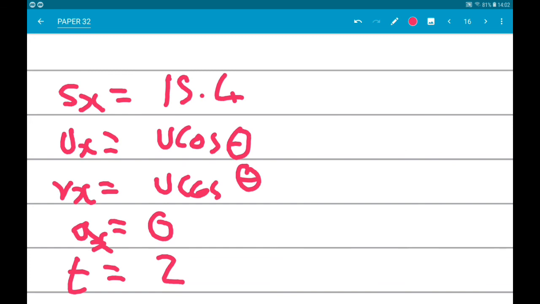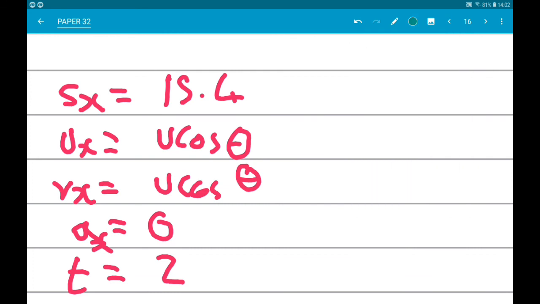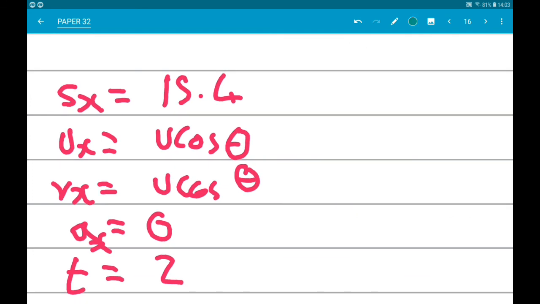Alright, now let's do y. So, we know we want vertical displacement to be 0.4. Our initial is u sine theta.